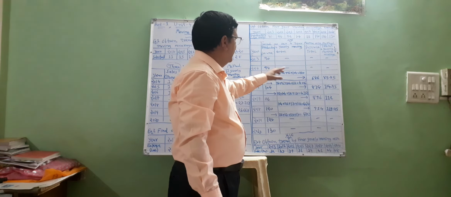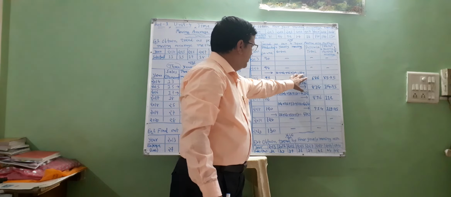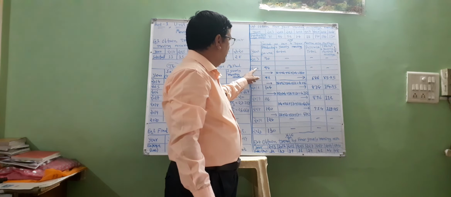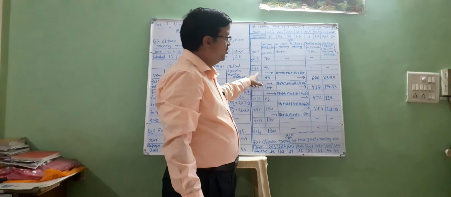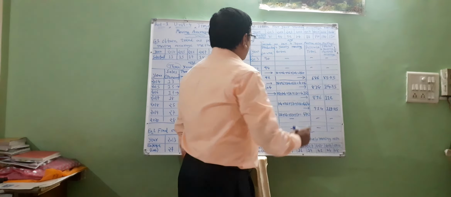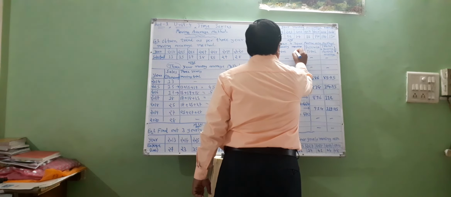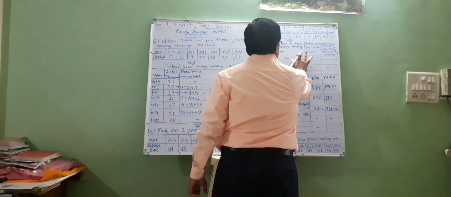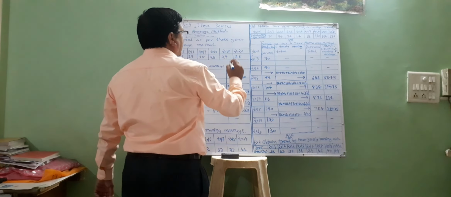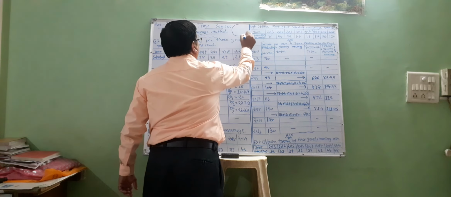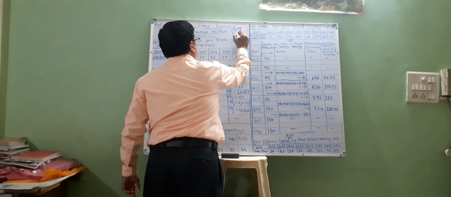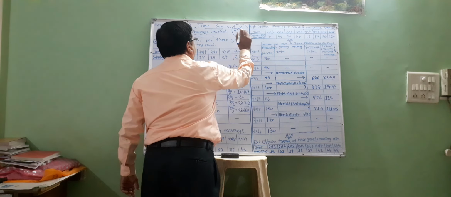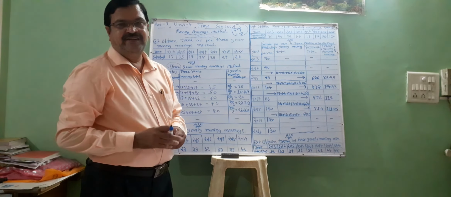If we divide 280 by 4, we cannot receive data exactly for the year, so we have to take pairwise total. So here is total of 4 and here is total of 2, so we have to divide it by 4 and divide it by 2. So first we have to divide it by 8.